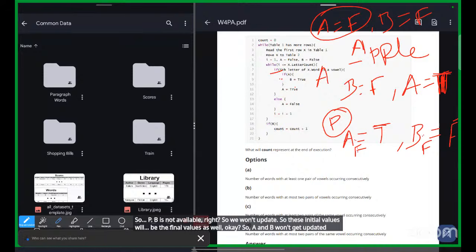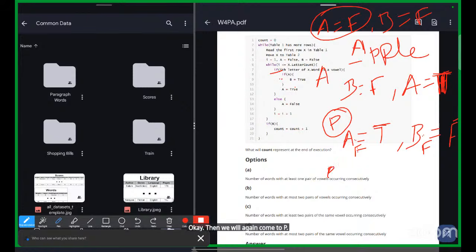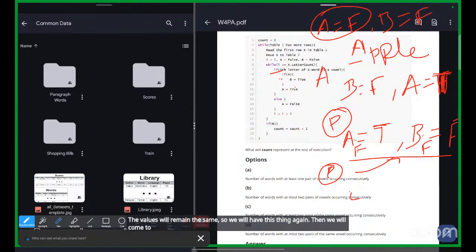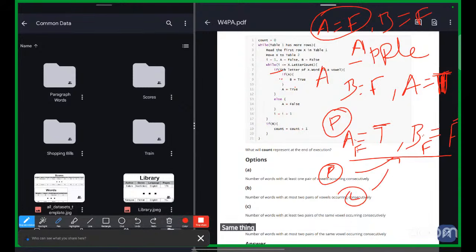Then we will again come to P and do the same thing. The values will remain the same. Then we will come to L, same thing, the values will remain the same. Then we have E. For E, what will happen?